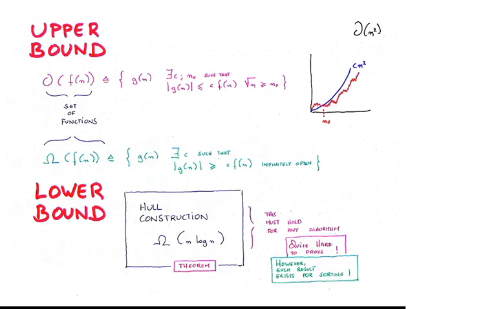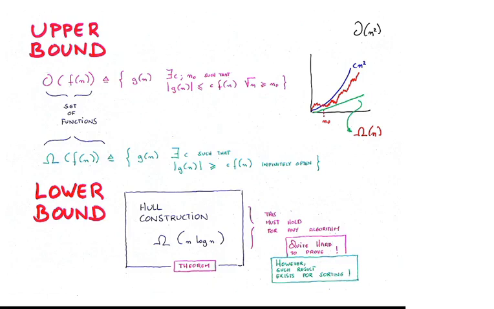And now you can also write omega, for example, of n. It means that this curve is always above this curve. That is a lower bound. It means that it's impossible to have an algorithm that is faster.